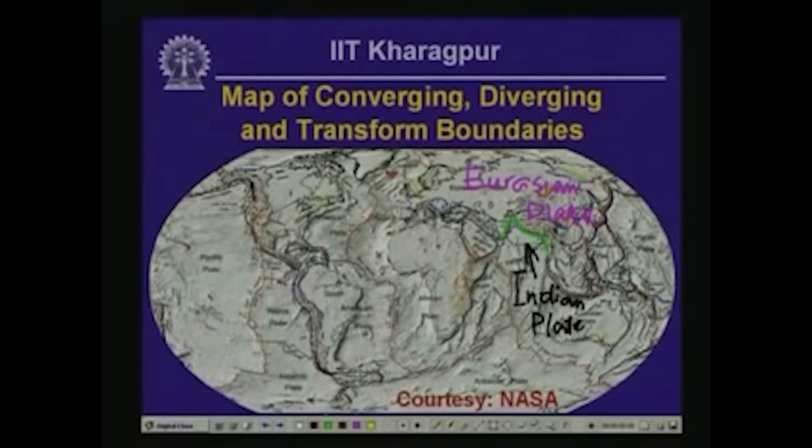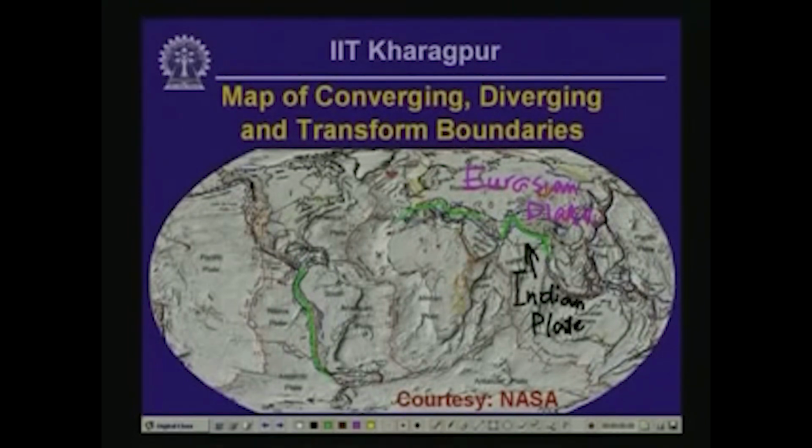There is a similar converging boundary along the west coast of South America and along the margins of the Mediterranean, as we have already seen.